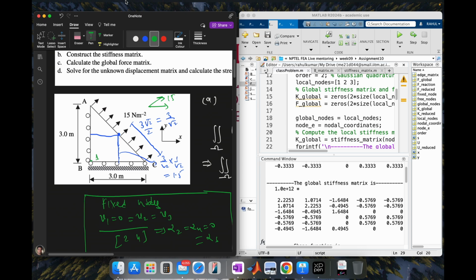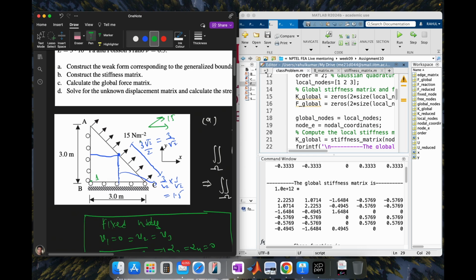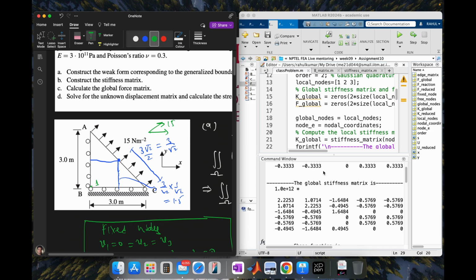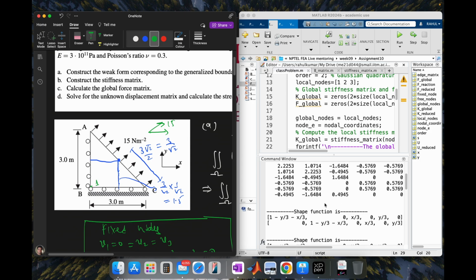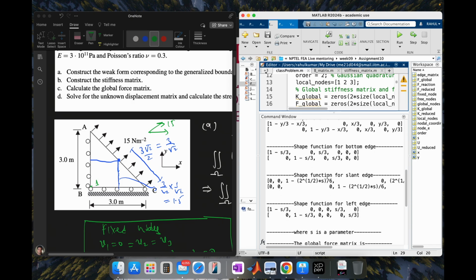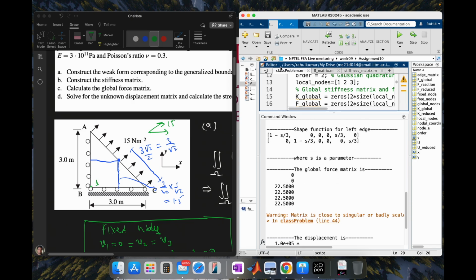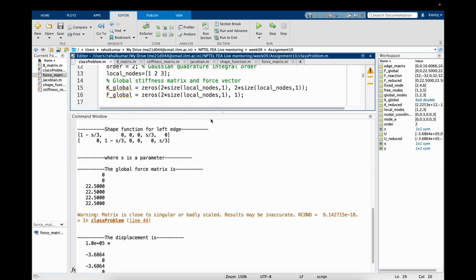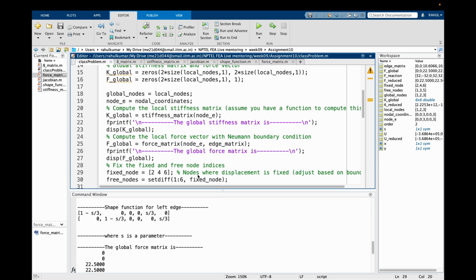Okay, this is what it is asking first. So this is the global stiffness matrix, and what is the force matrix? Let's display the force matrix. I have not displayed yet.